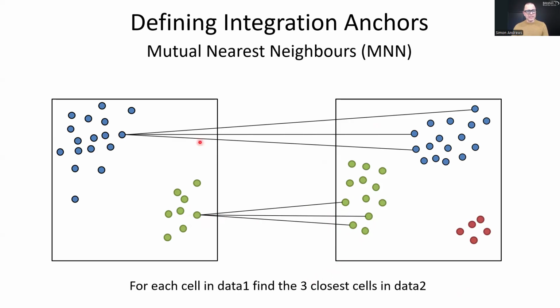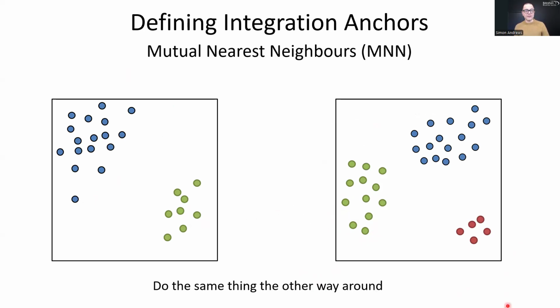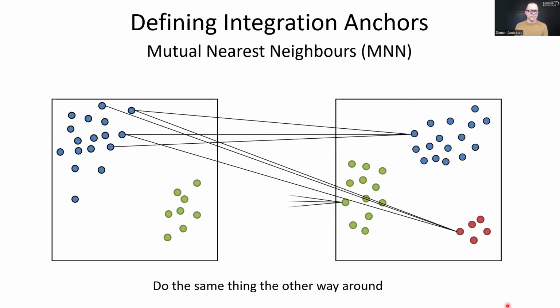After we've taken every cell in dataset 1 and found the nearest neighbors in 2, we just do the same thing the other way round. So we start with all the cells in dataset 2 and we find all the cells in dataset 1. Now, in some cases this is going to be nice and straightforward because the blue cells over here are going to find other blue cells over here, and the greens are going to find greens over here.